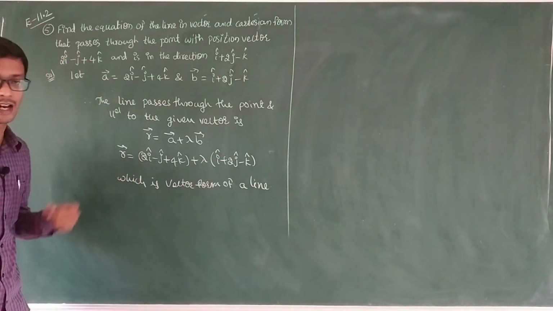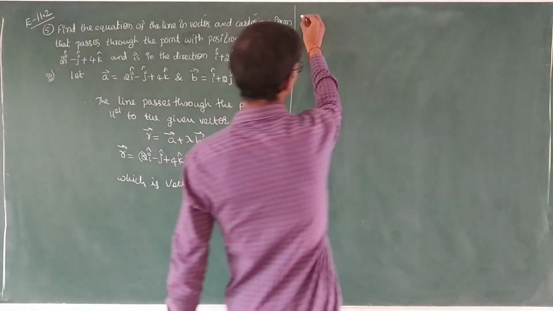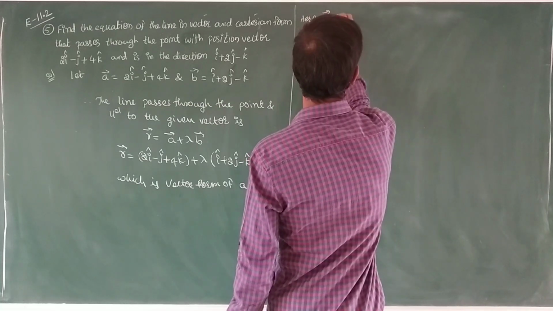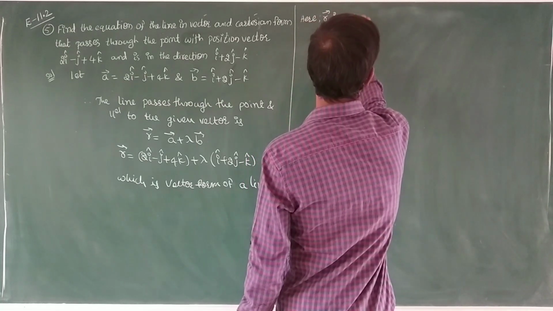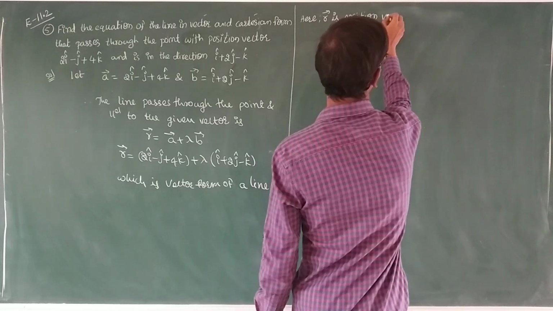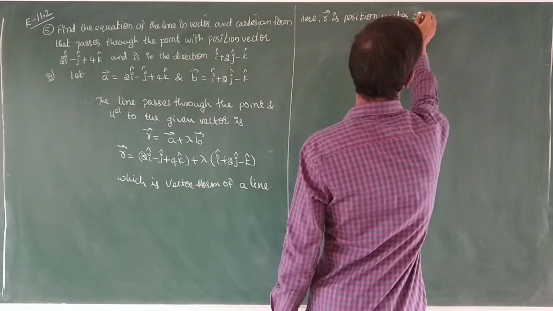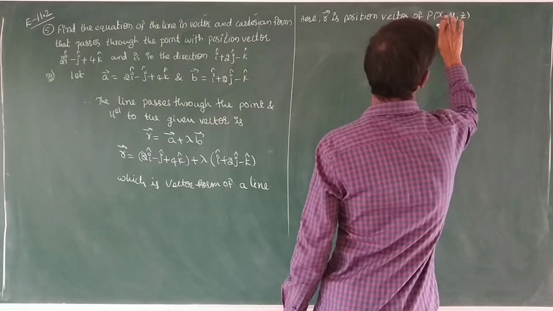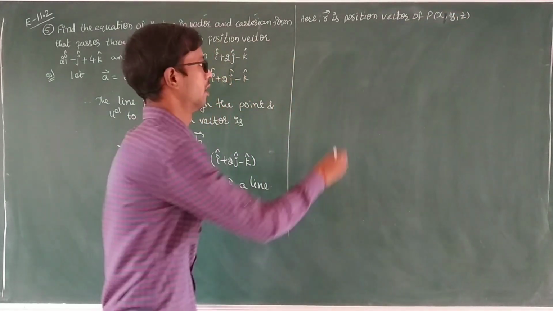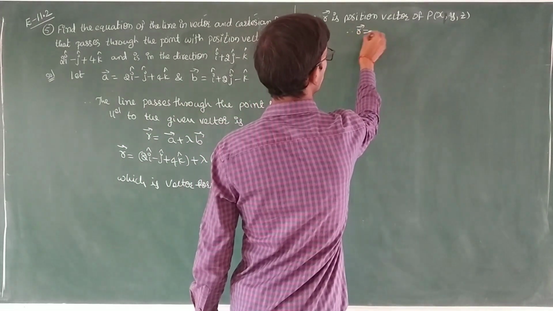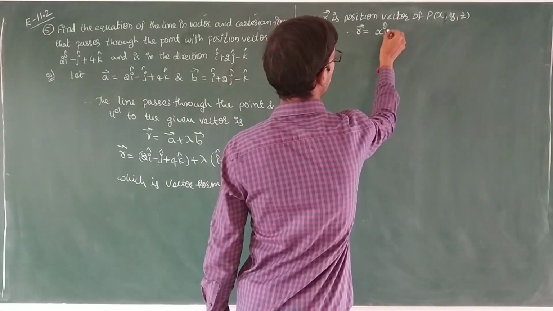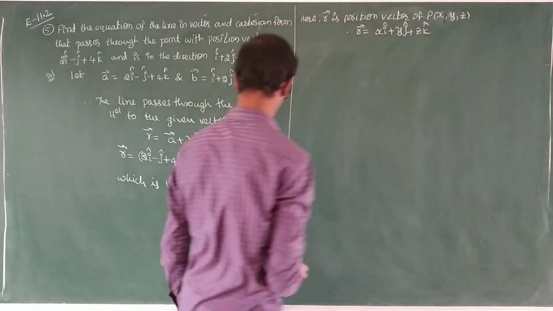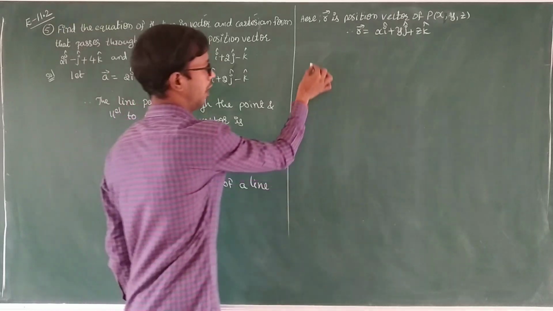Now substitute R bar here. R bar is the position vector of the point P (x, y, z). Therefore, R bar is equal to x i cap plus y j cap plus z k cap. Substitute in equation 1.